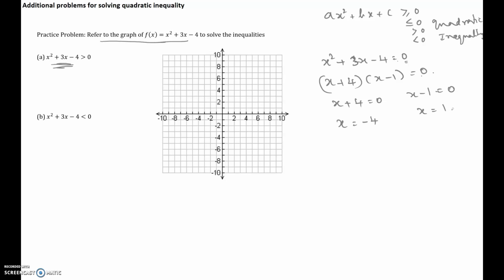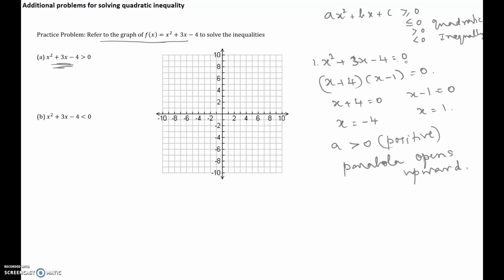And also we know if the leading coefficient is positive, the graph opens upward. The parabola opens upward. In this problem, we are not interested in the complete or comprehensive graph of the quadratic function.